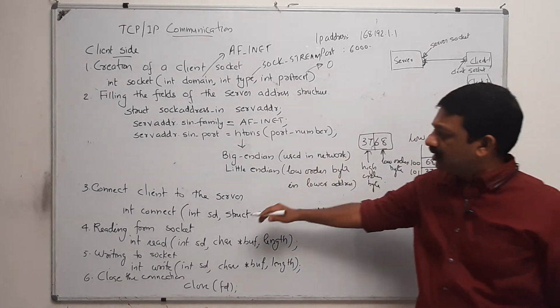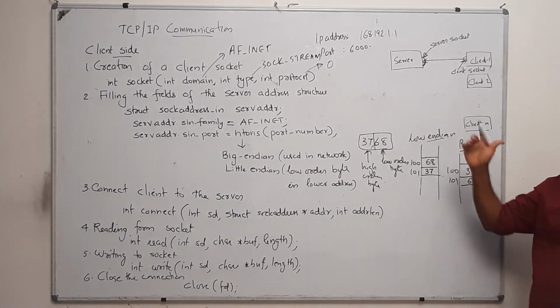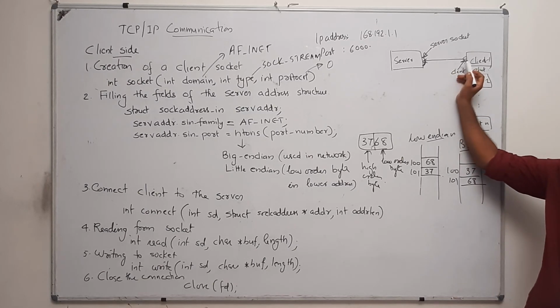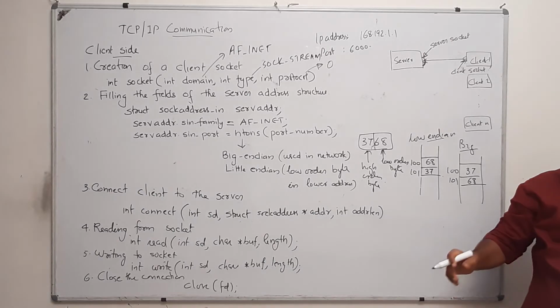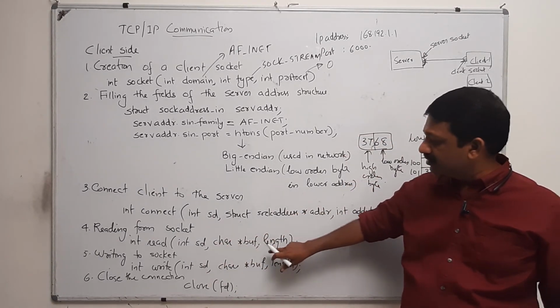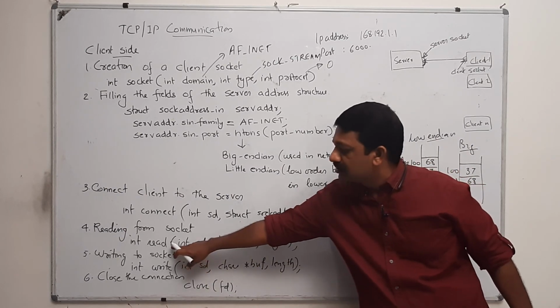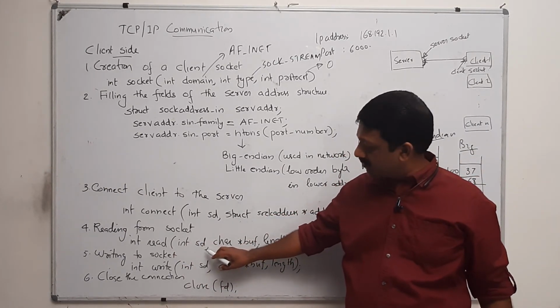Then once that connection is established, for reading data you have to use int read, socket descriptor, char star buffer, length. That means you just use the system call read, and here you have to pass a socket descriptor.